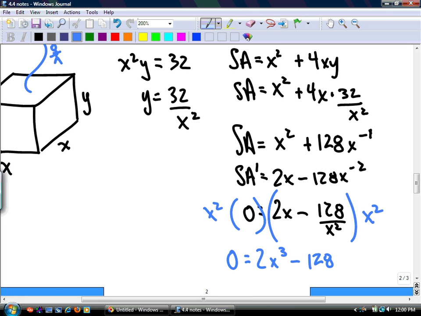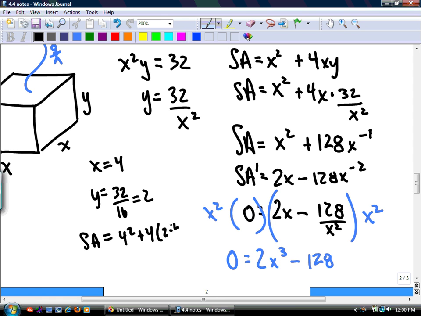The cube root of 64 is 4. So you know x is 4, you know y is 32 over 16, which is 2. And you know the surface area is 4 squared plus 4 times 2 times 4. 16 plus 32, 48 square meters of wood.